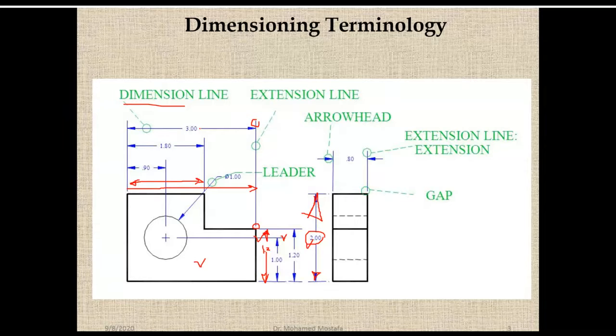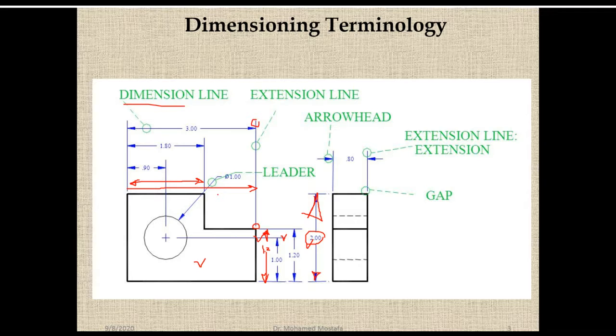Notice also that when I put information about my circle, I put the arrowhead exactly at the circumference of the circle, and I extended the line until I get out of my figure, or I can put it somewhere inside if space is available, and then a little small horizontal line, and this line is called the leader line. And beside the leader line, I'm going to write down if the radius is 1 millimeter or even the diameter.